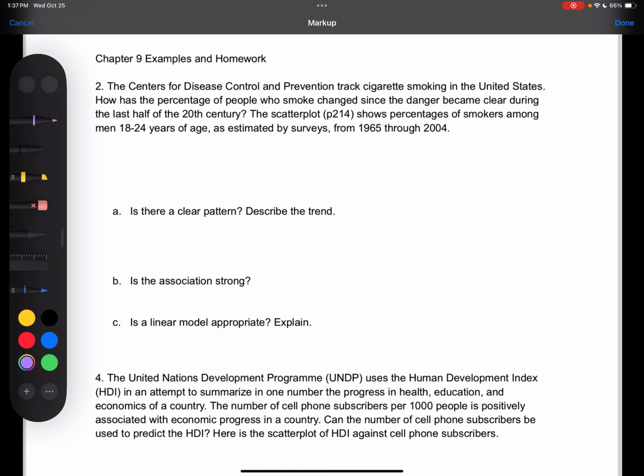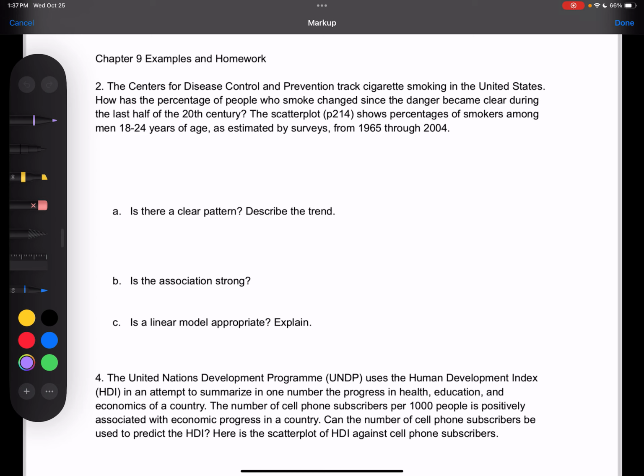So is there a clear pattern? Describe the trend. It's kind of like this little curve thing. It goes down and then it goes back up a little bit, flattens, and goes up. Then there's some ones that go down.